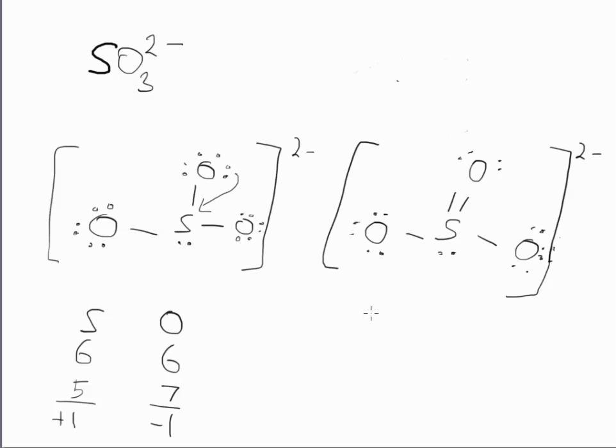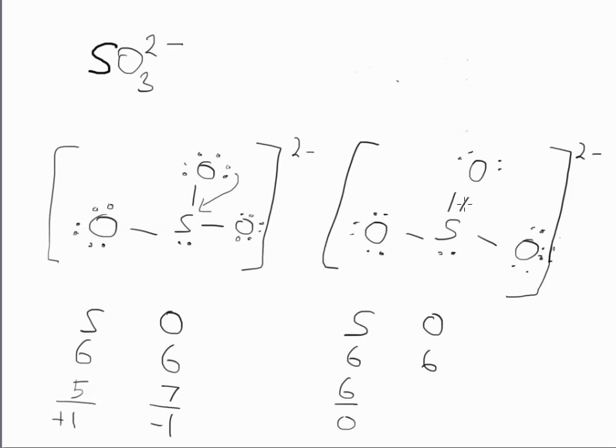Well, if we look at the sulfur now, of course it starts off with a valency of 6. We've got 2, 4, 6, 8 bonding electrons. So that ends up being 8 divided by 2, which is 4, 5, 6. So now we've got the formal charge on sulfur to be 0, so that's a better situation. This oxygen up here has now changed its formal charge.